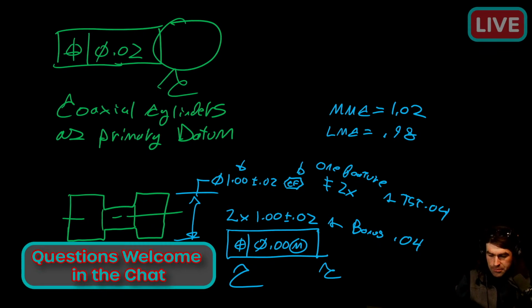Yeah, so that's the only time in ASME Y14.5 that you can use position with no datum reference. It's got to be coaxial cylinders. That's it. I almost wish they would get rid of it. So when I'm teaching position, I can say position always has datum references, but now I have to say it always has datum references, except for this one time when it doesn't, for no reason, right?